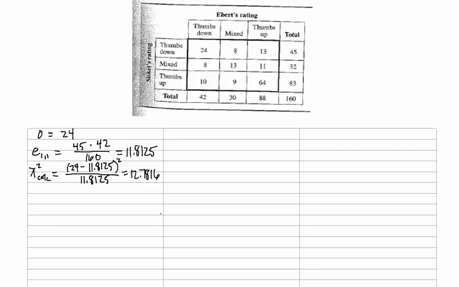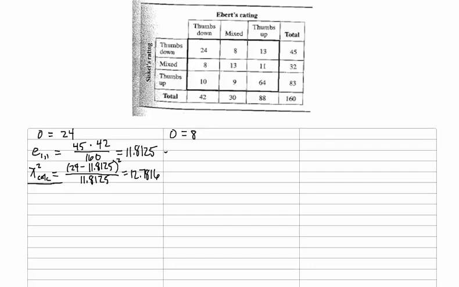Now I'm going to do this for each of the 9 cells. So this was row 1, column 1 that we took care of.